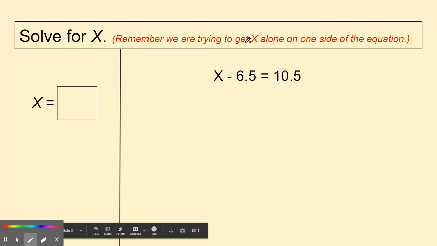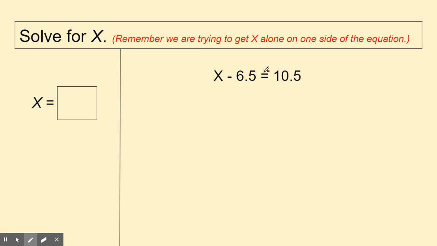And remember, we are trying to get x alone on one side of the equation. So since we are trying to get x alone, what I like to do is draw a line down my equal sign. What this will do is separate my equation into two halves. And now we just want to try and get x alone on this side. So we are going to use inverse or opposite operations.